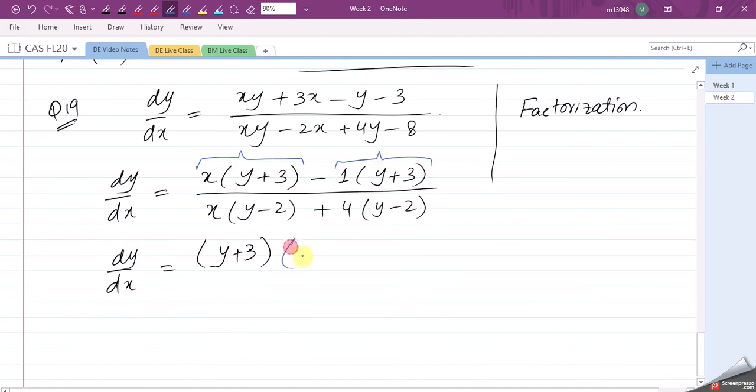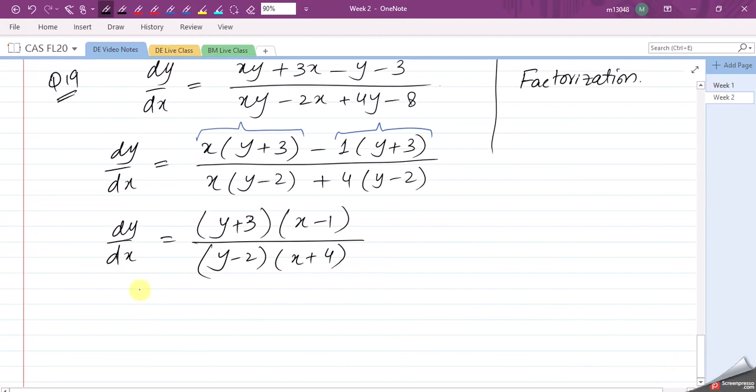Take y plus 3 common, and the rest is x minus 1. Similarly, y minus 2 common, and the rest of it is x plus 4. Now clearly they are multiplied. As you can see, y plus 3 is multiplied with x minus 1, y minus 2 is multiplied with x plus 4.